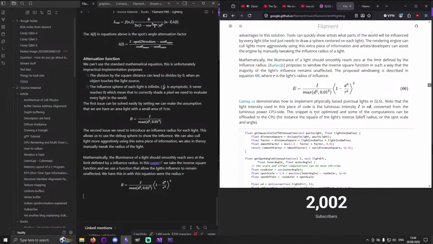Okay, the snippet is not optimized, and some computations can be offloaded to the CPU, for instance, the square of the light inverse falloff radius or the spot scale angle.